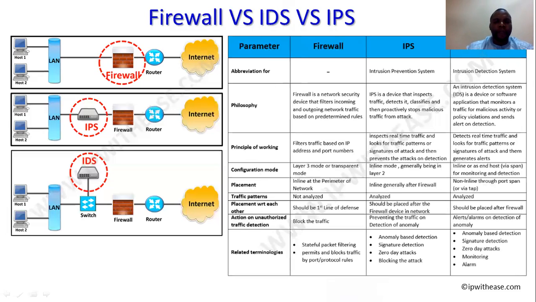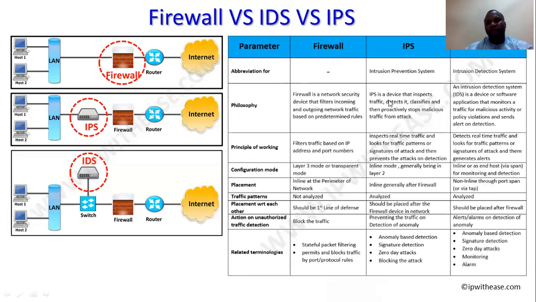Now, let's look at the first one, the abbreviation. The abbreviation for IPS is intrusion prevention system, and for IDS is intrusion detection system. The firewall is not an abbreviation, okay? A firewall is a network security device that filters incoming or outgoing network traffic based on predefined rules, as we have defined already.